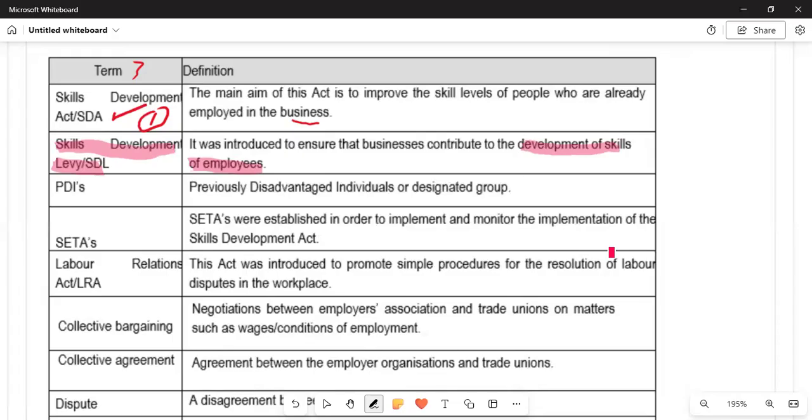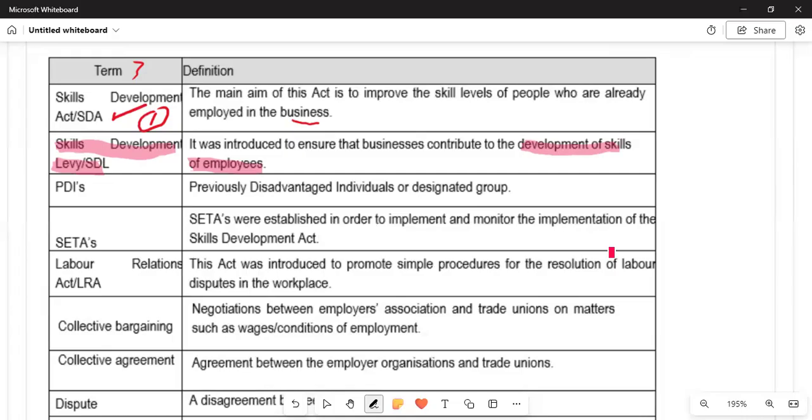They pay that charge to the SETAs, so that the SETA will give them the grant. That grant makes sure that people are provided with education as well as training. That is a very important part of the SDL.